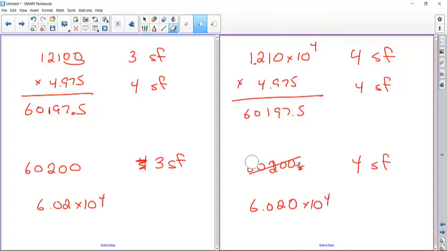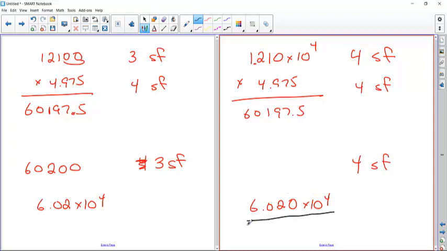You really couldn't show the appropriate number of significant figures without using scientific notation. Now, if this had rounded down to 6019, say, then you wouldn't have to put it in scientific notation. But in this case, I would have to put it in scientific notation to get the number with the correct number of significant figures.